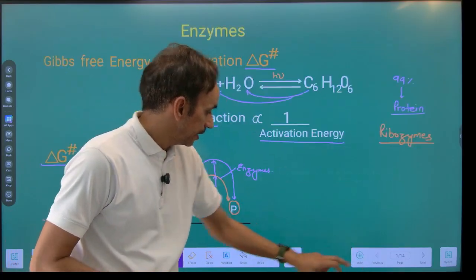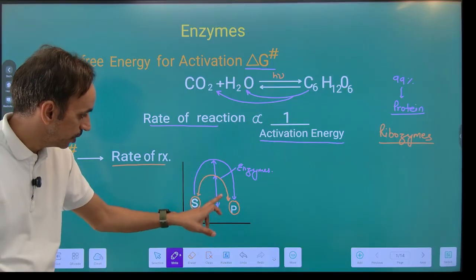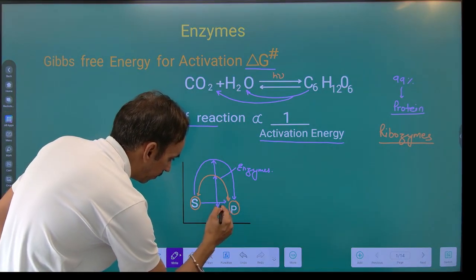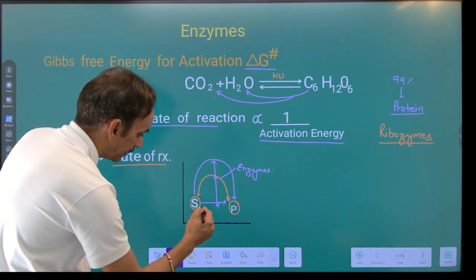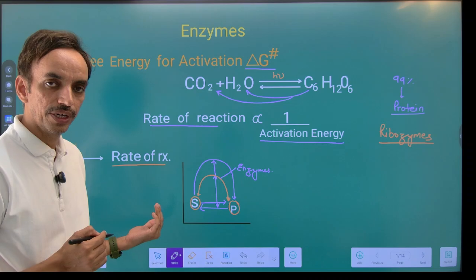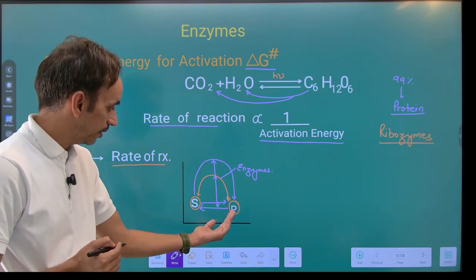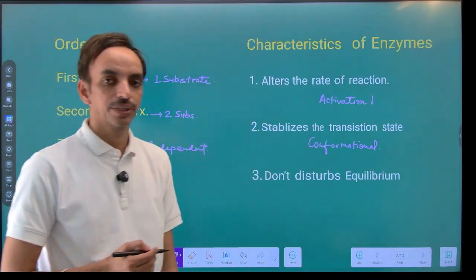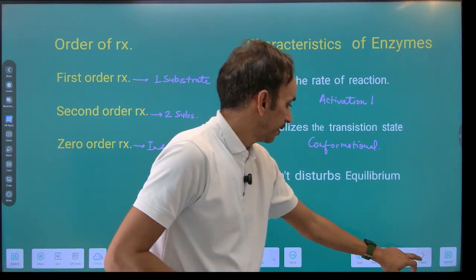The enzymes, as we can observe over here, decrease the activation energy for both the forward rate of reaction as well as for the reverse rate of reaction, or the conversion of product into the substrate. So they do not disturb the equilibrium.